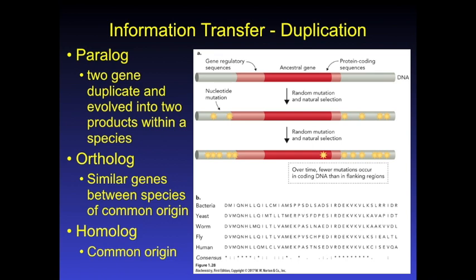This might be considered a very old gene because we believe in the development of life, which one came first of these groups? Bacteria. And this gene was important enough to be handed down through the species.